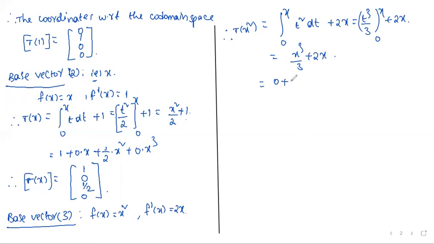So 0 plus x coefficient 2 into x, no x^2 term, plus 1 by 3 into x^3.